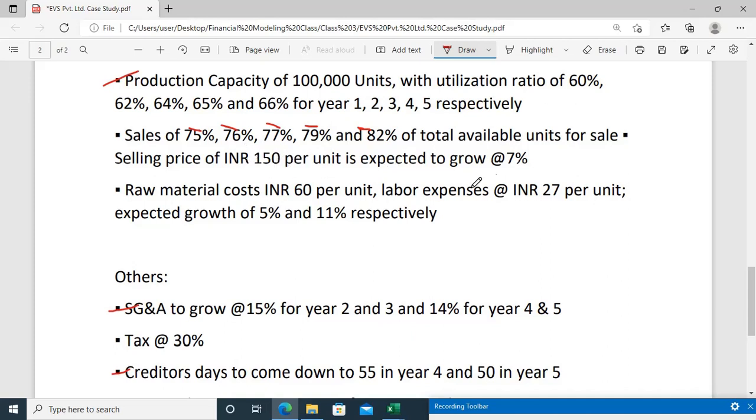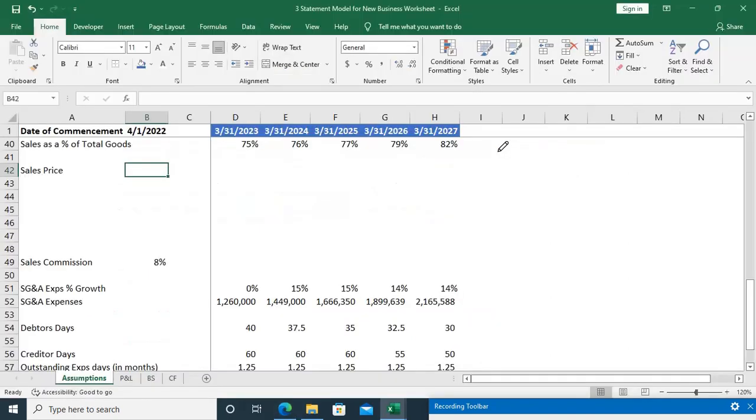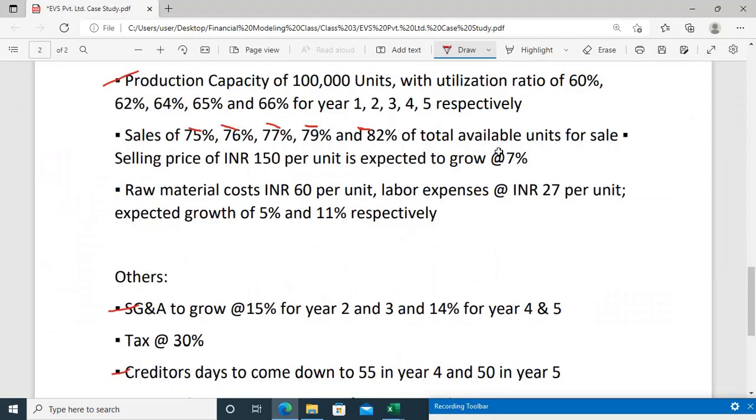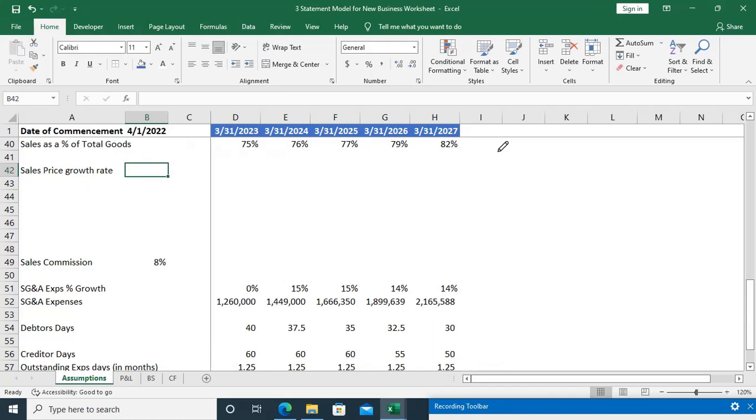This is a constant price, like the base price, expected to grow at 7%. As this is the assumption sheet, sales price growth rate, how much is the growth rate? It is expected to grow 7%. And what was the base price? 150, right? We can make it like normal, 150.